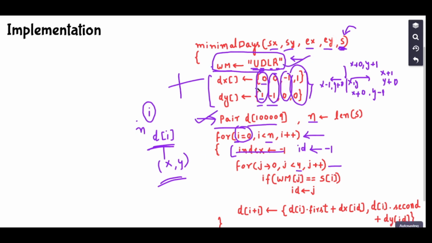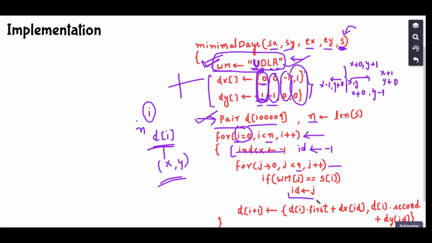If I find that the ith position of this string, si, matches the first position of the direction string, that means I have to move upwards. Corresponding to that direction I have this pair 0 1, 0 in the x direction, 1 in the y direction.